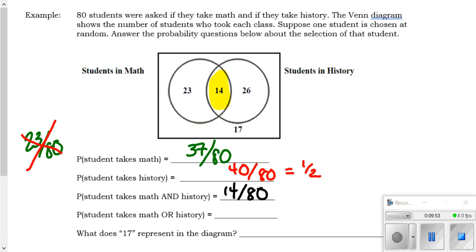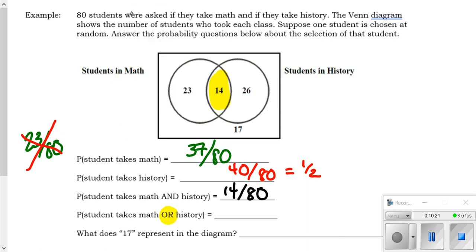Now the next part is a little bit strange because the way that English works is not quite the same way as how math works. So when we say math or history in day-to-day speech, we might mean only math and only history. That is not what we mean in probability. We mean I am a person who takes math or history or both. In other words, "or" is a word that means union.